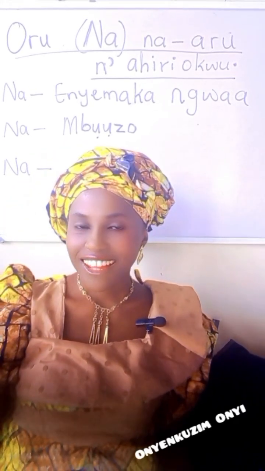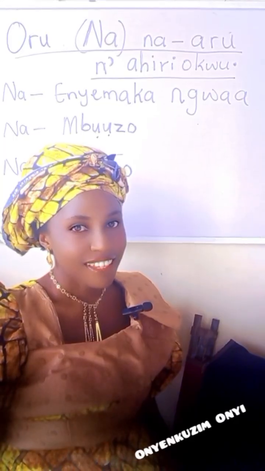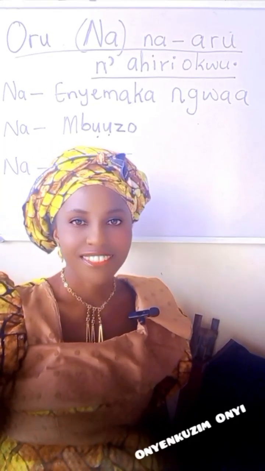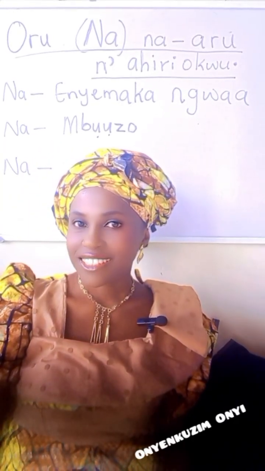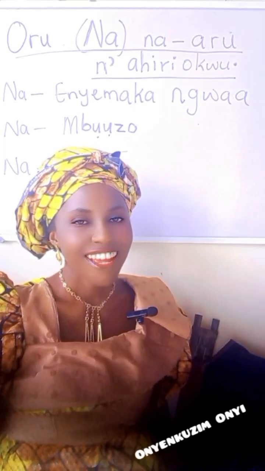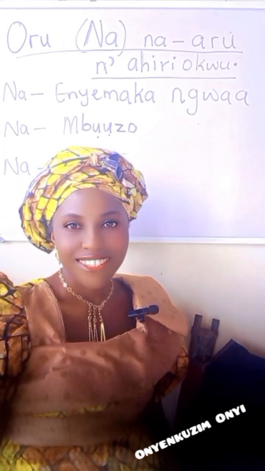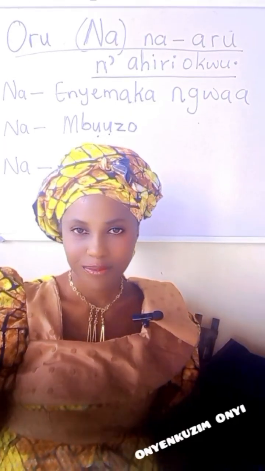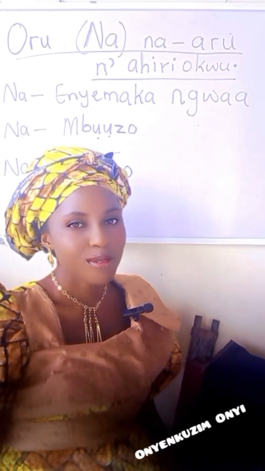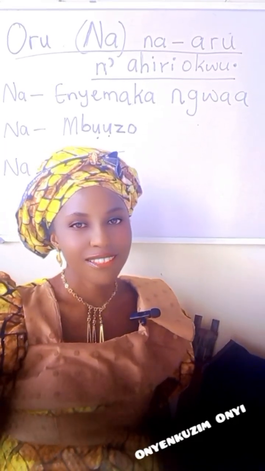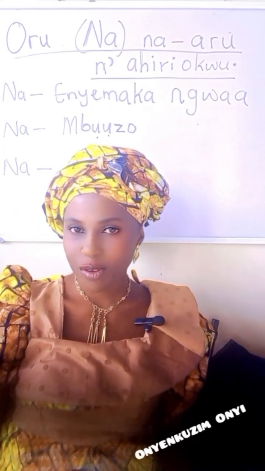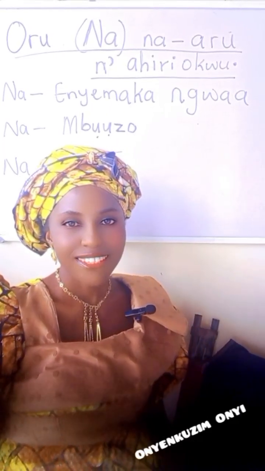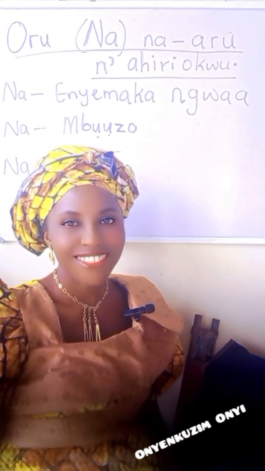The word na can work as a preposition, as a conjunction, and also as an auxiliary verb. Yes. Now we're going to look at these instances one after the other, going by the parts of speech that na works as in the Igbo language.